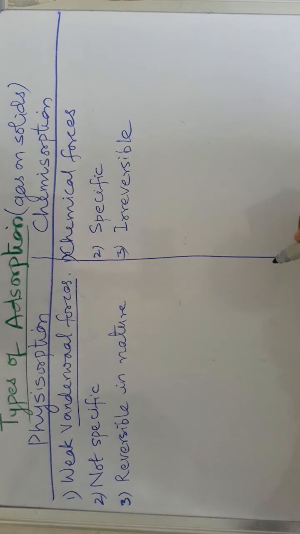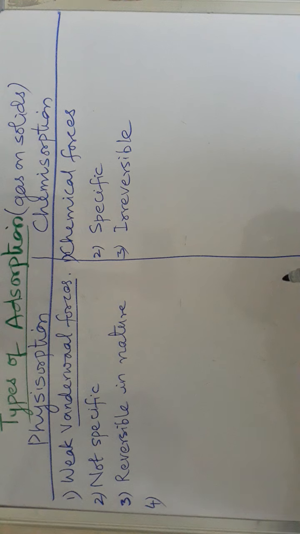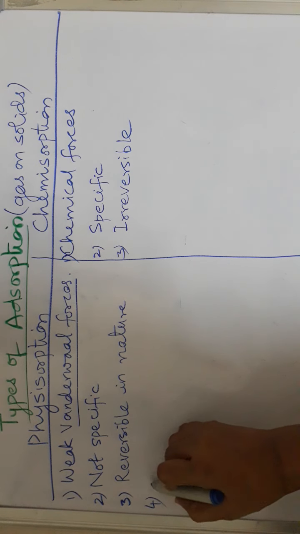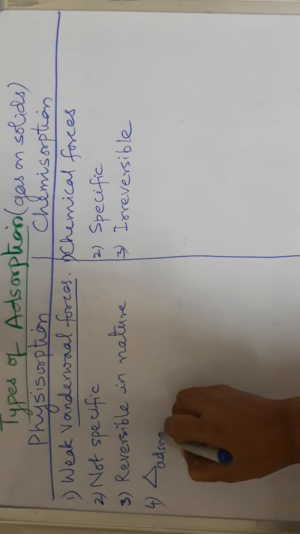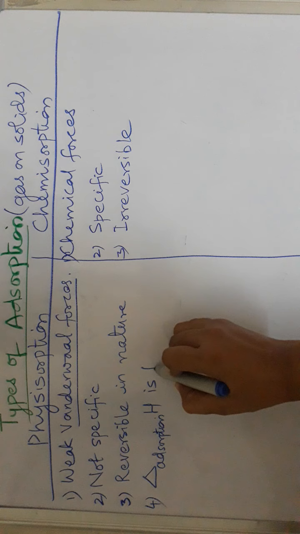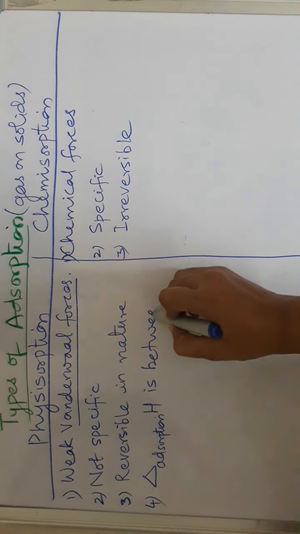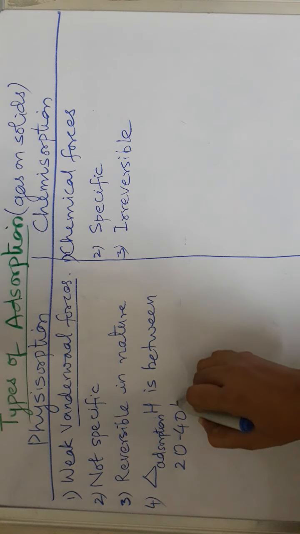Another difference is that the enthalpy change or heat change which takes place during physisorption is very small. So we can call it the enthalpy of adsorption, which is between 20 to 40 kilojoule per mole.